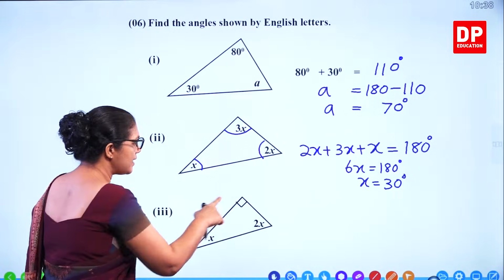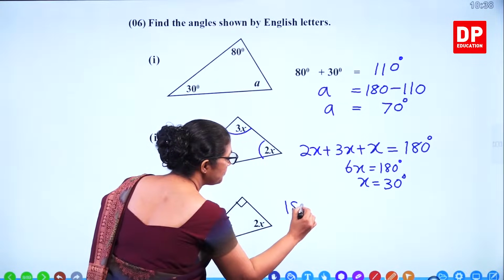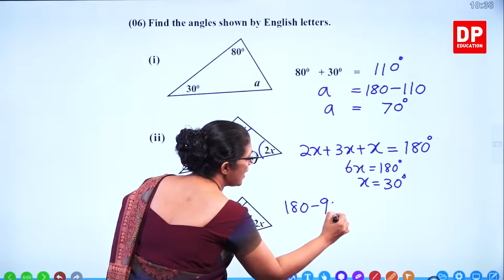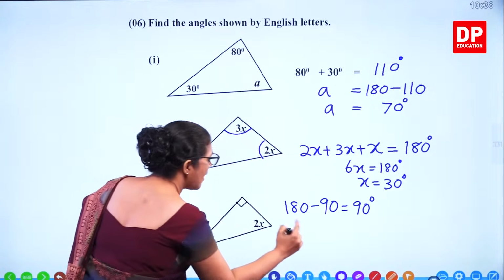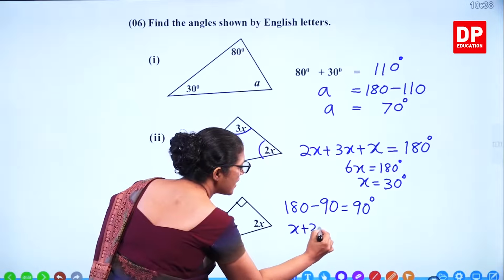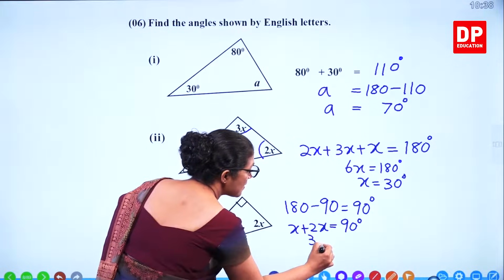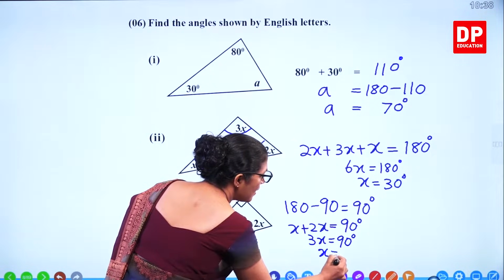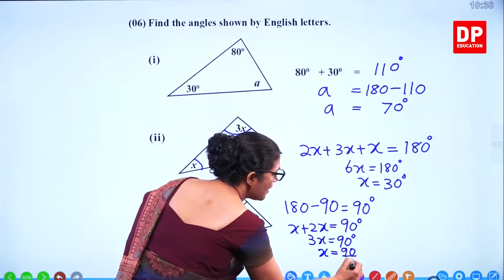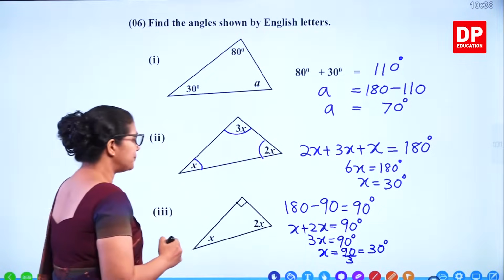This one, angle is 90. So you can take 90 from that. You get 90 degrees. So that means x and 2x is 90 degrees. 3x is 90. Divide by 3. 90 divided by 3. You get 30 degrees. That's the x value.